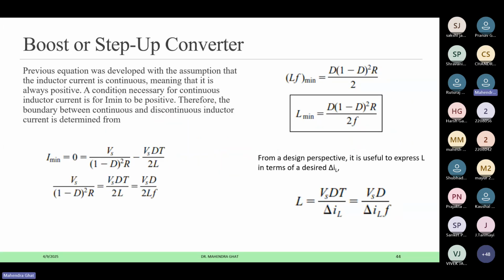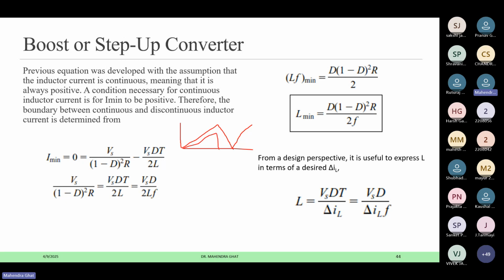Then again, whatever we did for calculating the L minimum. When it is the L minimum, that is the critical conduction, meaning the current is just reaching 0. If your L value is less than this value, this current will go down more, and you will get this type of current.